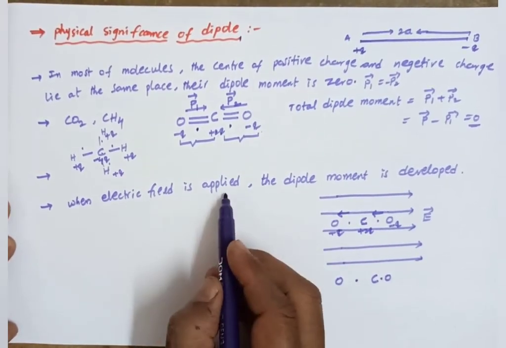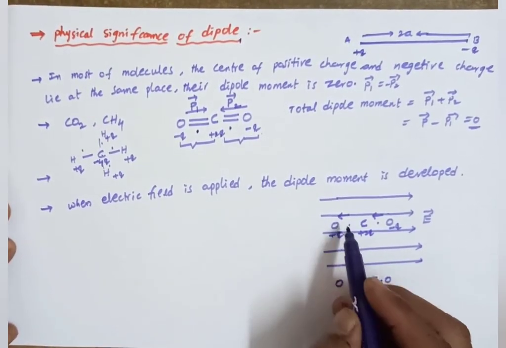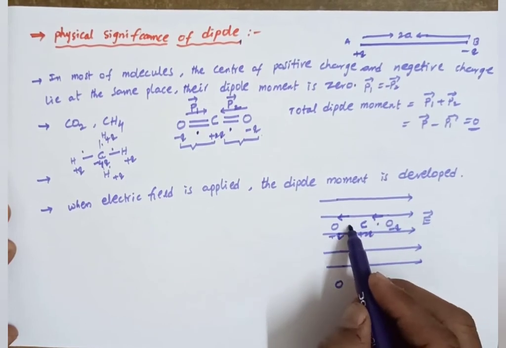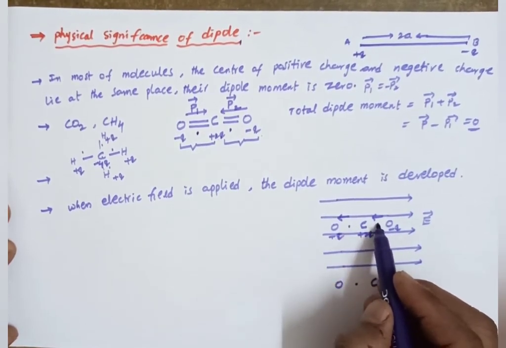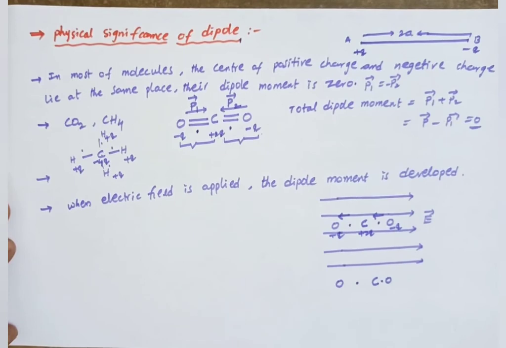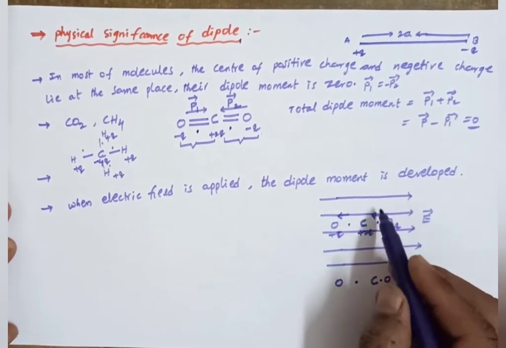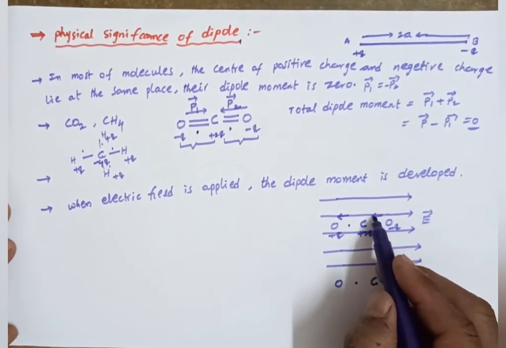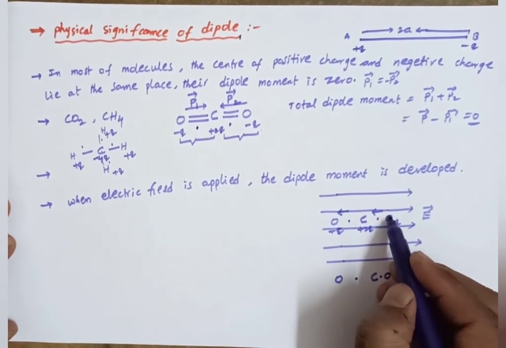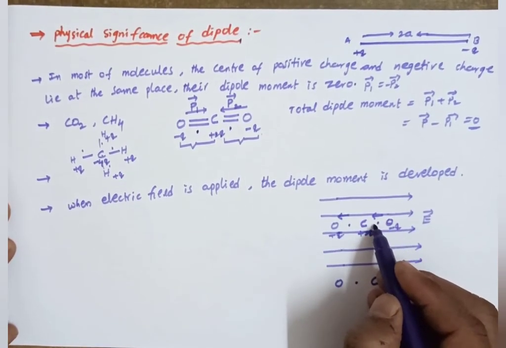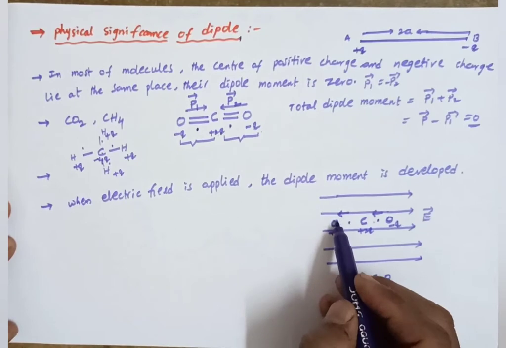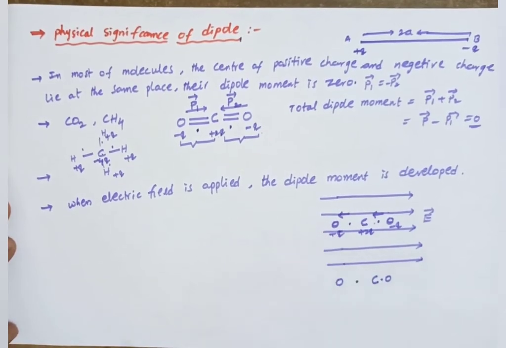When the electric field is applied, what happens? Before the electric field is applied, the centers of mass coincide. But after the electric field is applied, this oxygen moves in this direction and this oxygen moves in this direction.